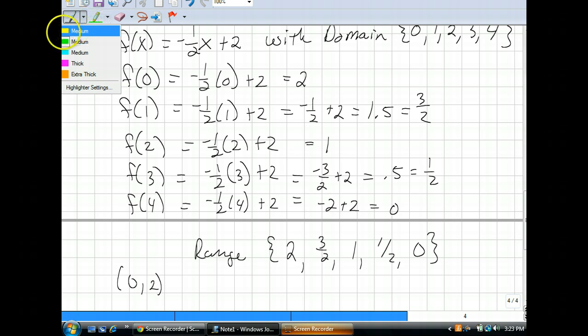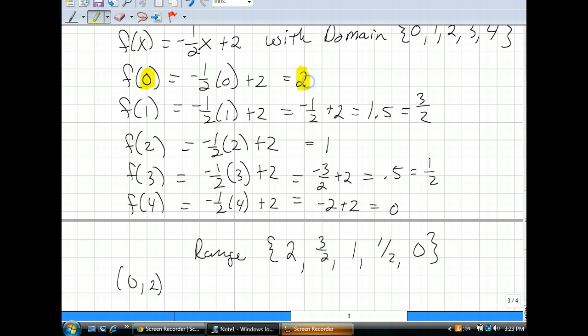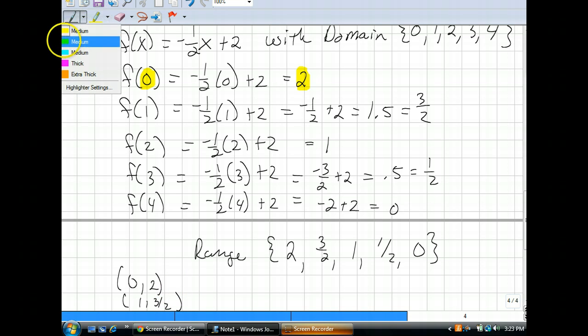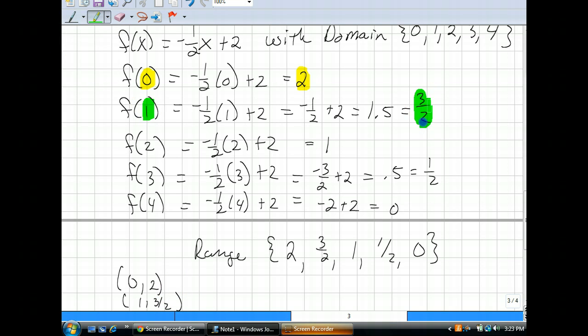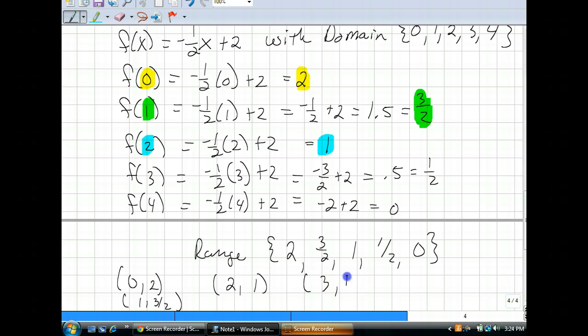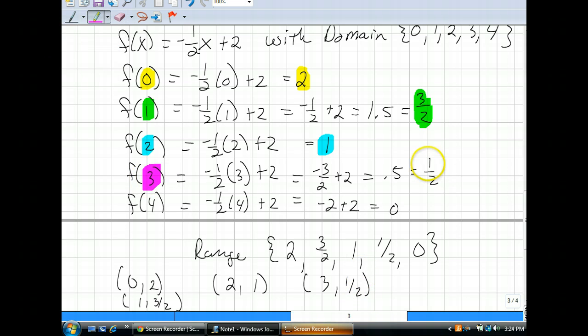So notice that's there. I would have the ordered pair 1 and 3/2. So notice where that came from. I would have the ordered pair 2, 1. So notice where that came from. I would have the ordered pair 3, 1/2. So notice that came from here.